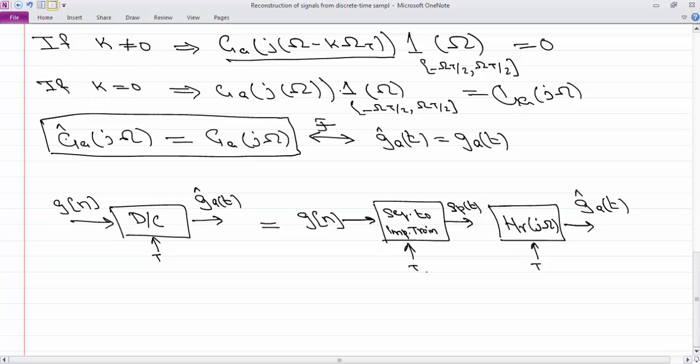We'll look later at what could be the effect of that operation. But for the time being, we are assuming that the sampling frequency that is input to all blocks remains the same. If you record something at 44.1 kilohertz or 20 kilohertz, you have to play it back at the same sampling frequency.